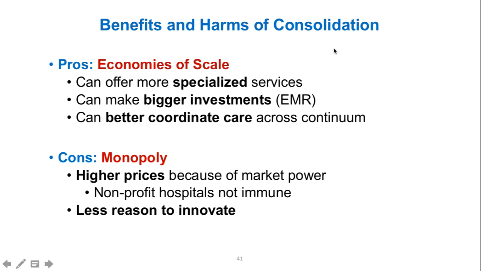What are the benefits and harms of consolidation? The main pro is economies of scale. It can offer more specialized services, allow bigger investments in health technology, and better coordinate care across the continuum.